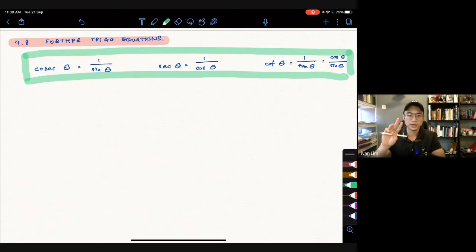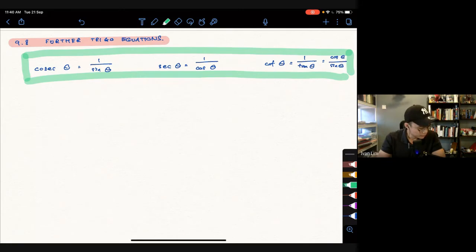So secant theta, you terbalik it. So you SEC, then you read it backwards. C, but you replace the E with O. So COS, cos theta. Okay? So you inverse the equation. How you read it, also you inverse it. Okay, so then the last one, cosecant theta, will be 1 over sine theta.